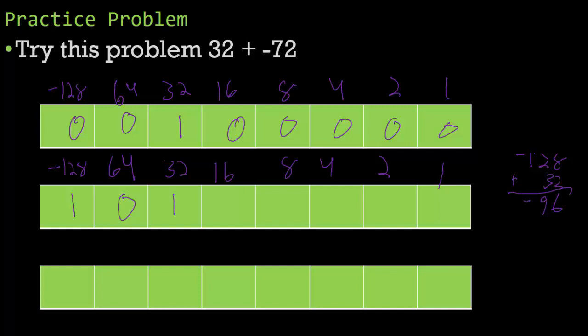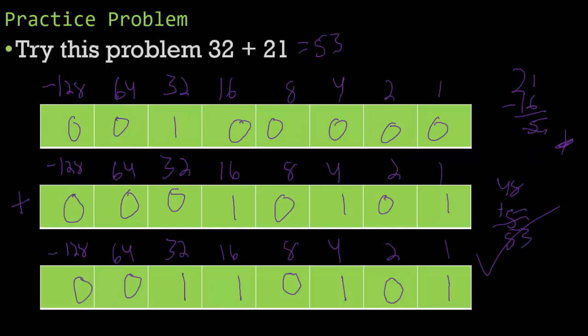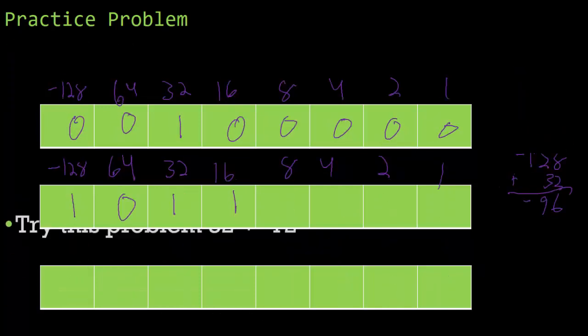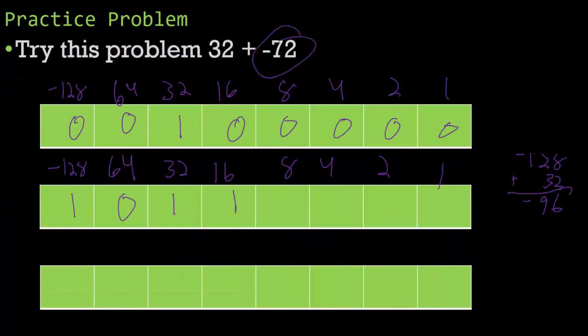I'm looking to get to negative 72. So we're at negative 96. I can use a 16. That's going to get me to negative 80. And then I need an 8, which will get me to negative 72. So that checks out, and then zeros here.